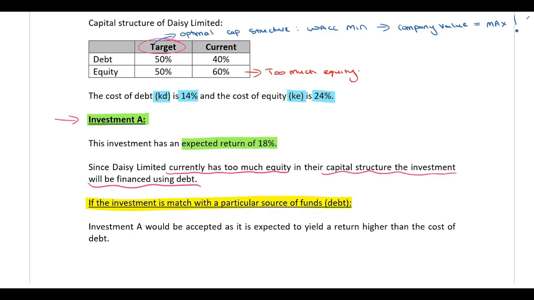In other words, if we match the investment to debt financing. We know that the investment has an expected return of 18% and the cost of debt is 14%. So the investment return is higher than the cost of debt, and because of this, we would accept investment A because it will yield a return higher than the cost of debt.